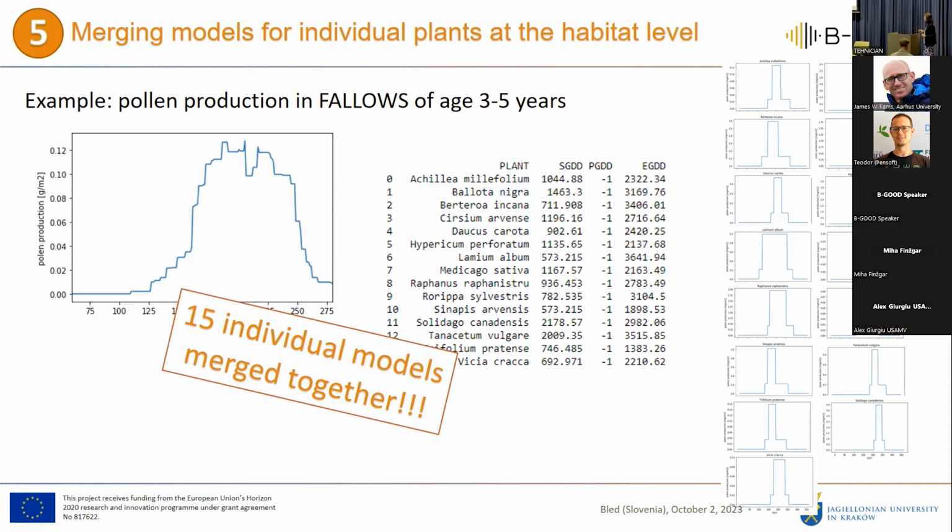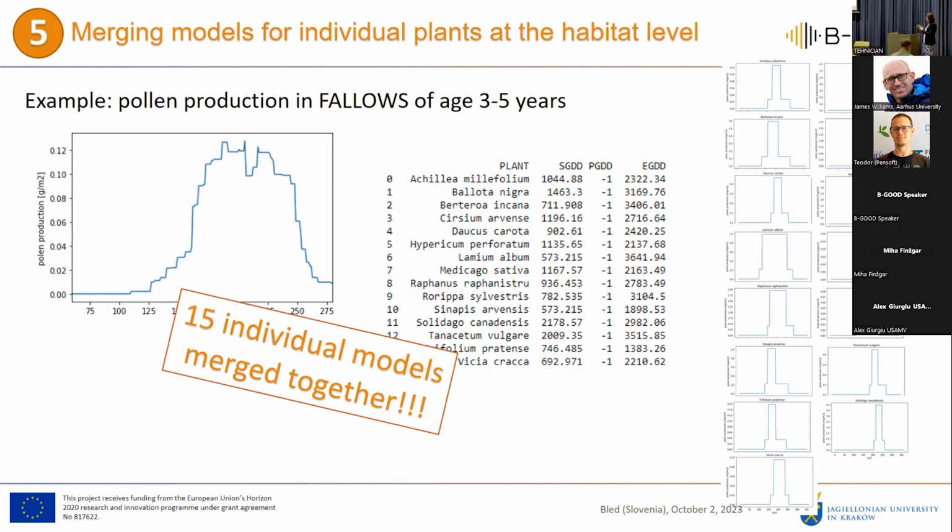So this is driving our models. And for each of these plants, based on information on production, we are able to generate the single models. And then we put it all together, in this case 15 individual models merged together to have this summary curve.